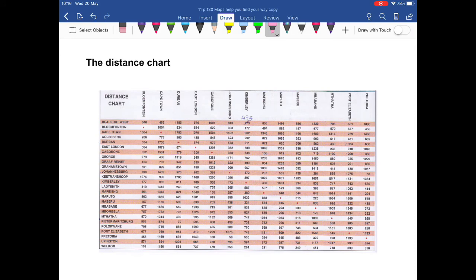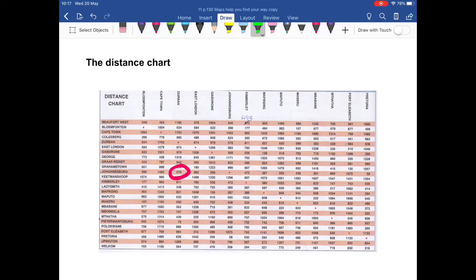So for example, if I want to know what the distance between Johannesburg and Durban is, I'm going to look for Johannesburg over here. So these are Johannesburg distances, and I'm going to find Durban here. So the distance between Johannesburg and Durban is 578 kilometers.